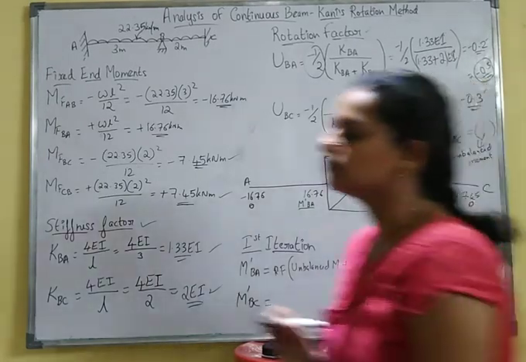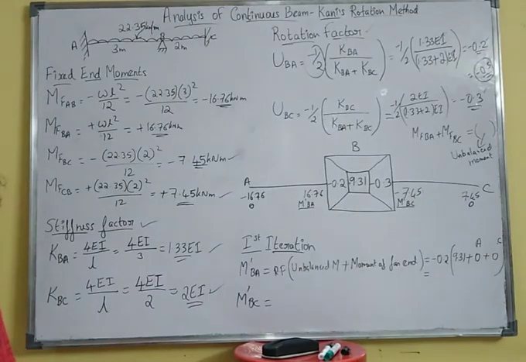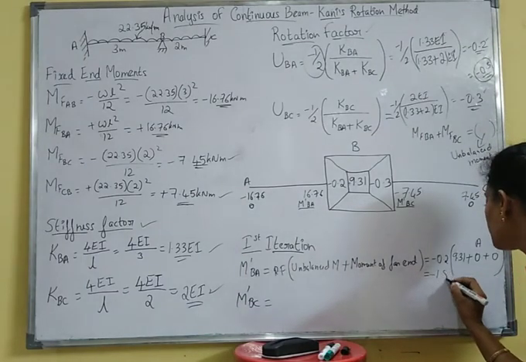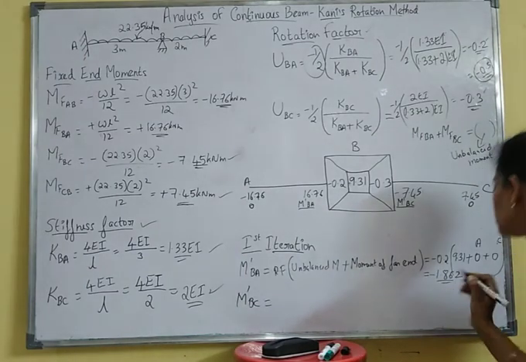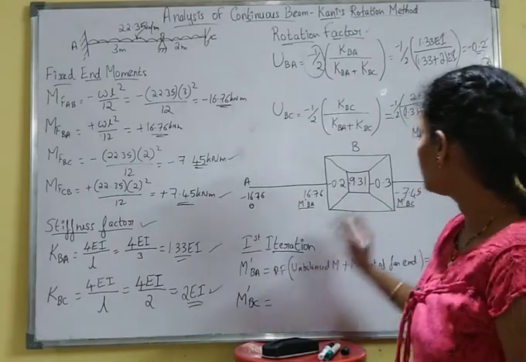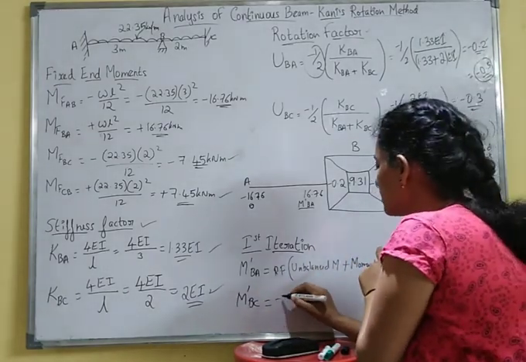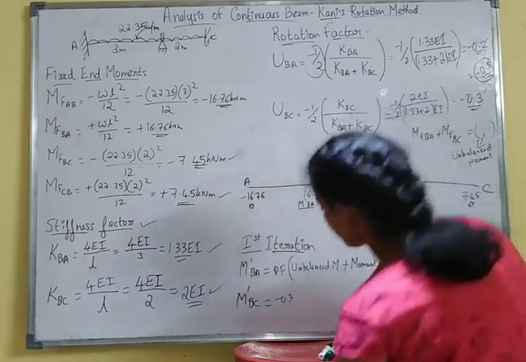So you have minus 1.862. Similarly, find out for BC. Here rotation factor is minus 0.3.